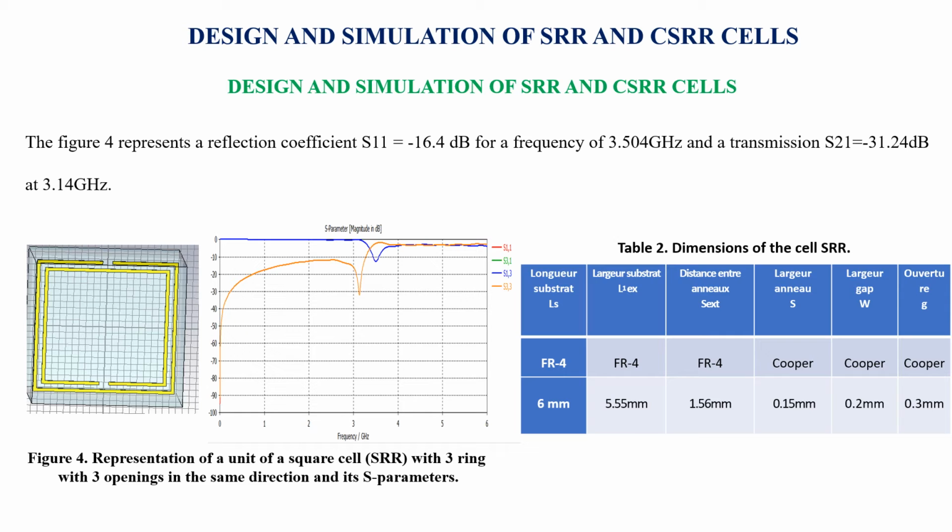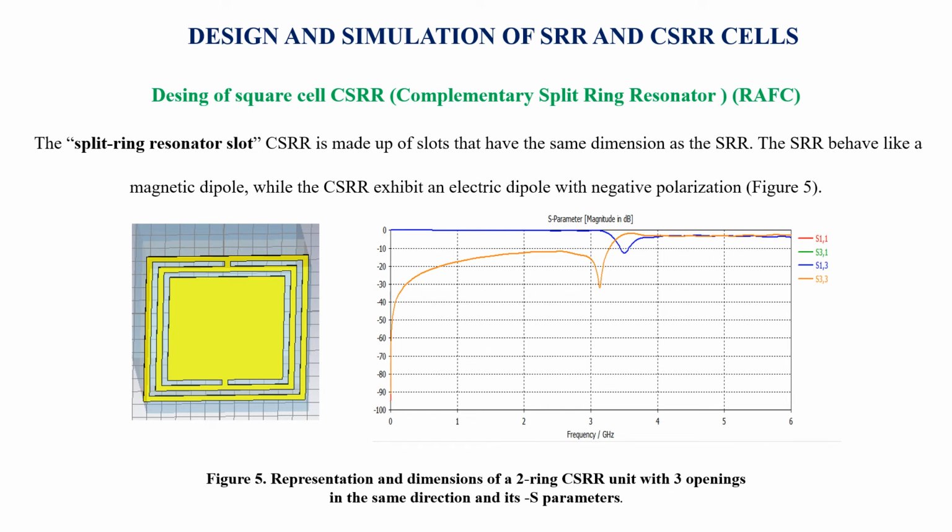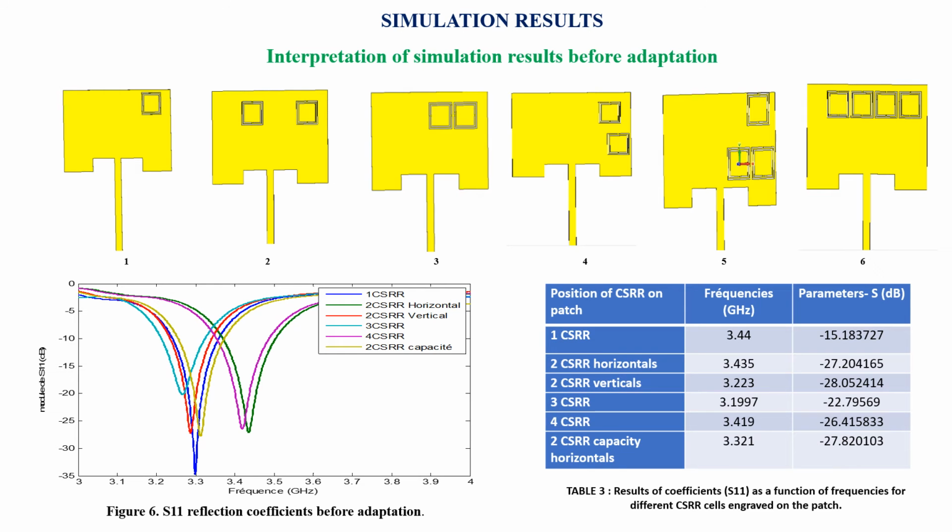The figure 4 represents the unit of square cell SRR, and the dimensions of the cell SRR are given in table 2. The figure 5 represents the dimension of 3 rings CSRR unit with 3 openings in the same direction and its parameters.